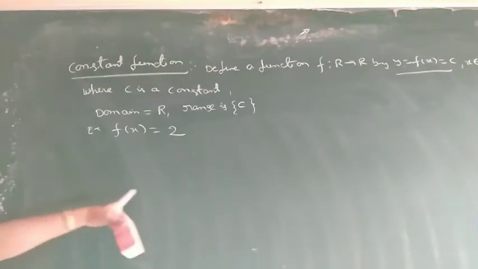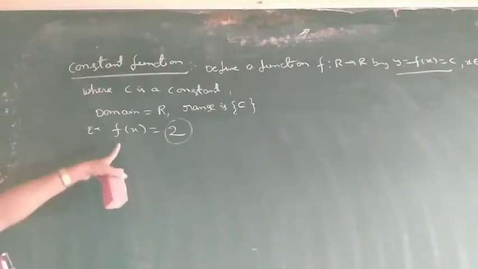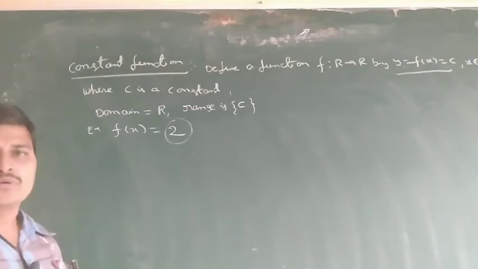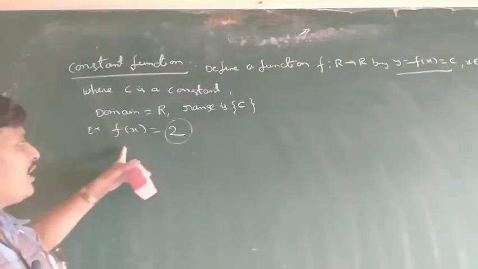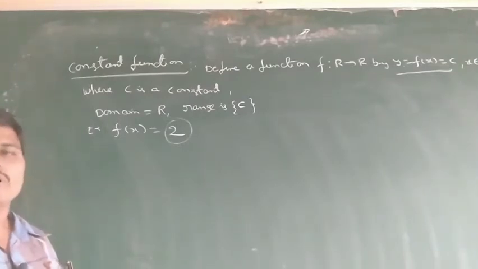Now we have to draw the graph of the constant function. The constant value is 2. C is a real number, you can take a fixed value of your own interest.